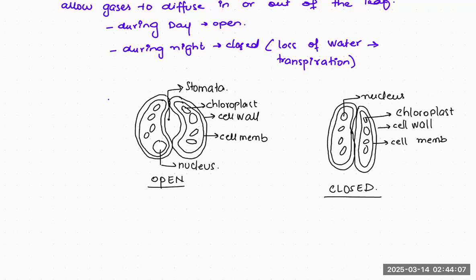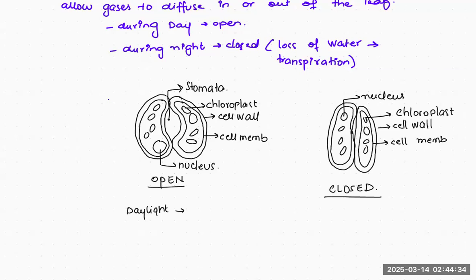Okay, so the way a guard cell works is this. When there is daylight, the amount of potassium inside the guard cell increases. Why does the amount of potassium increase?